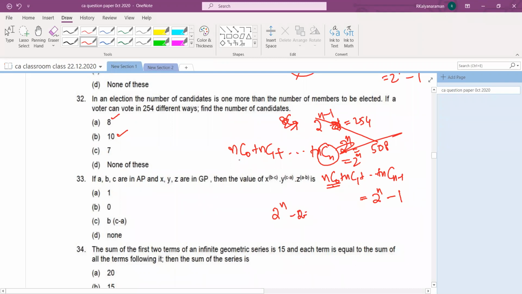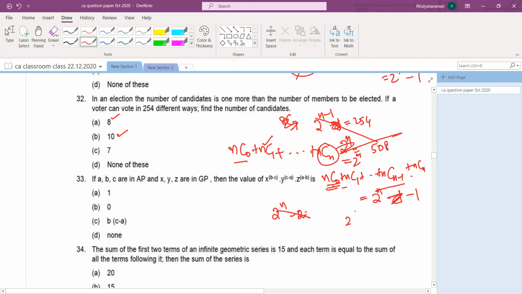Once again, we go through this. NC0. He chooses none of the candidates. He chooses only one. Like that, he has to choose n minus 1 candidates. If I add up to NCn, it is 2 power n. Now it is only 2 power n minus 1, because he chooses from this to this, NC n minus 1.